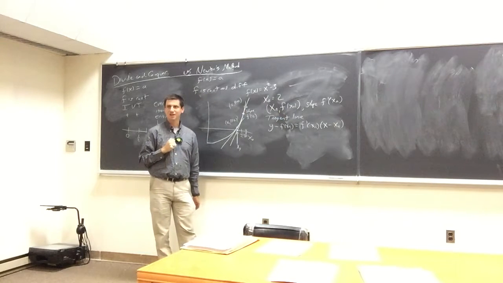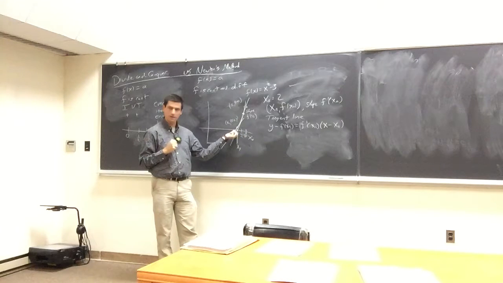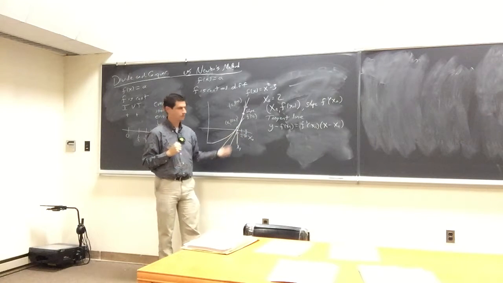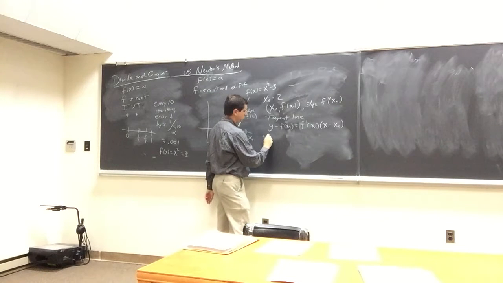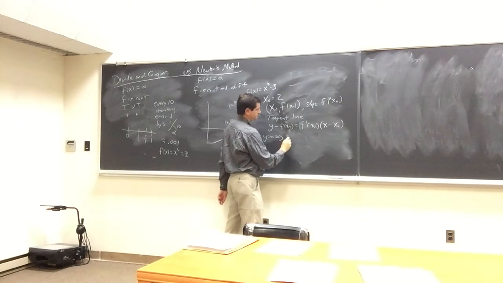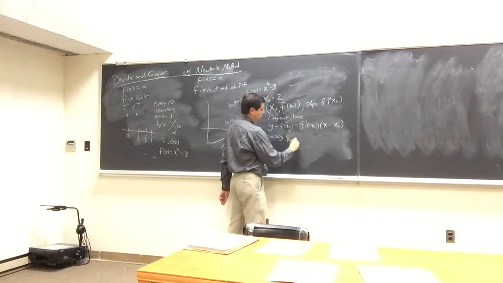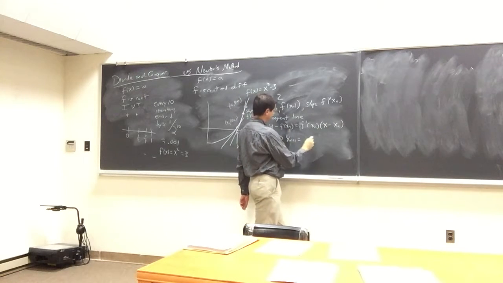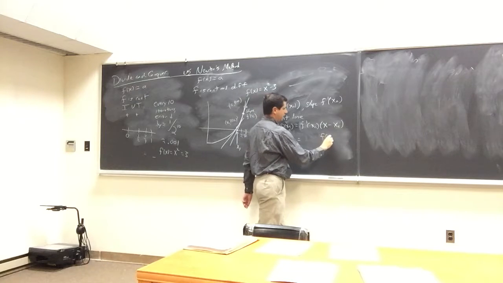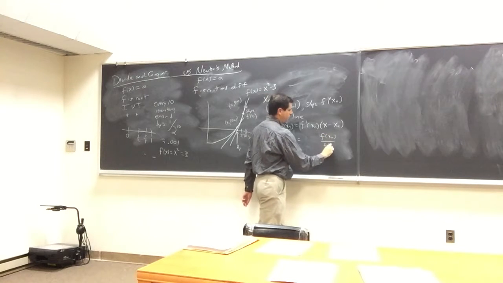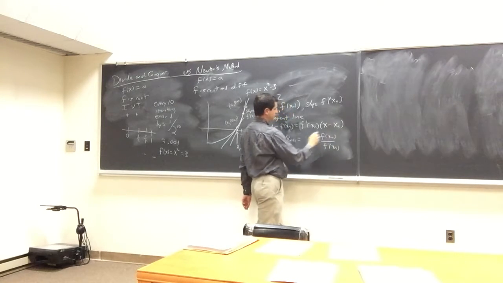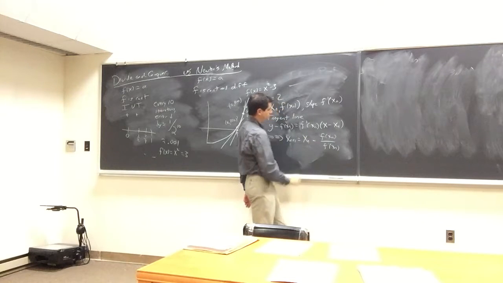Everybody remember equations of lines? So how do we find xn plus 1? That's where y equals 0. So y equals 0 gives us xn plus 1, just do the algebra, it's going to be f of xn divided by f prime of xn with a negative sign, and then move xn over.